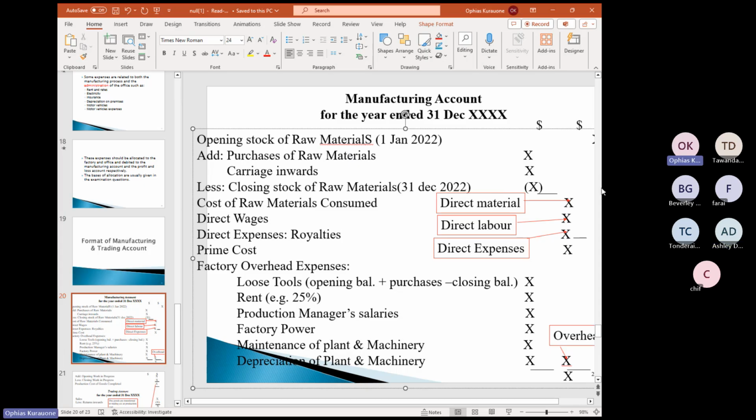Here we list the closing stock of raw materials as at 31 December 2022.